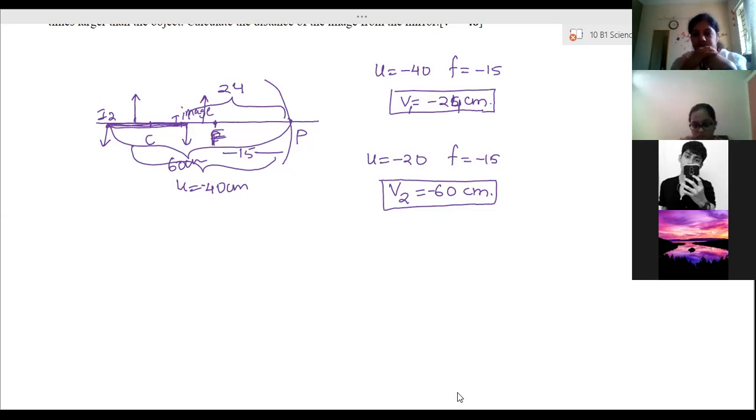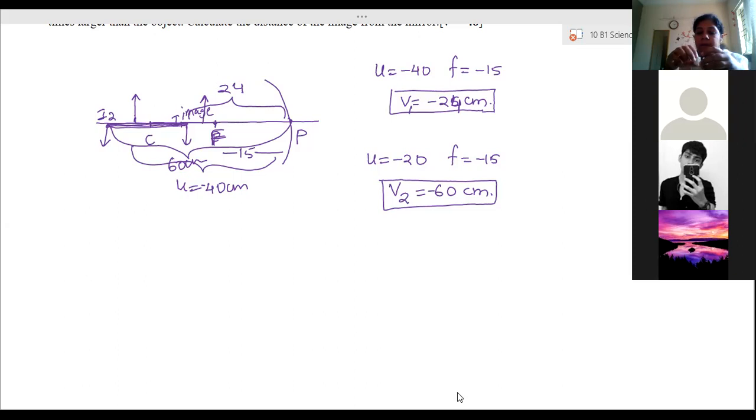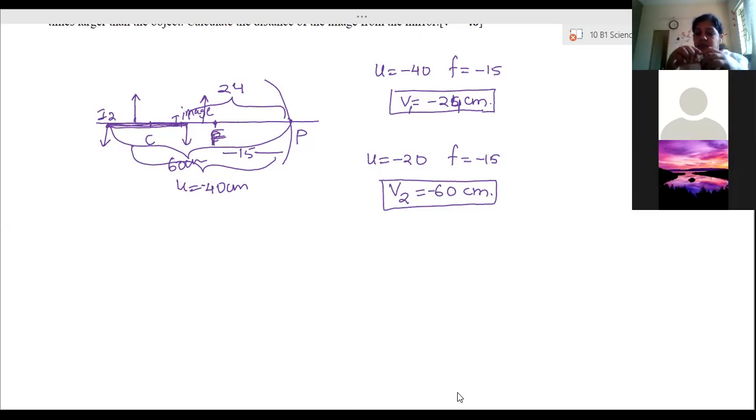Yes, Arav. Calculate the two possible distances of the object from the mirror. Ma'am, V is equal to minus 3U. Why minus 3U? Ma'am, HI is equal to 3HO. Why plus 3? Ma'am, it can be minus 3.